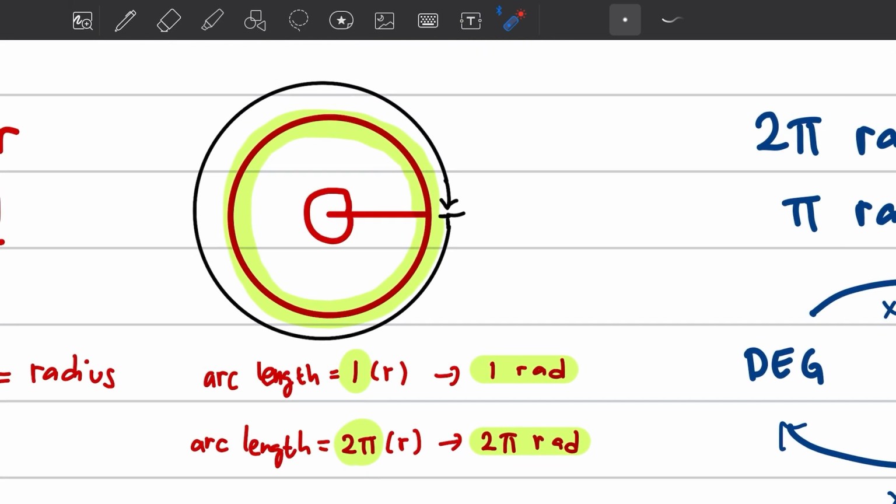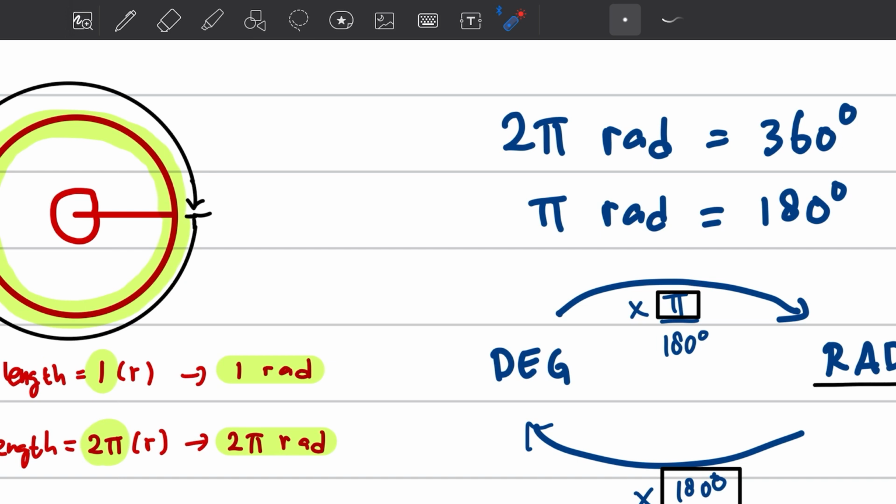So by knowing this fact, we can say that for one circle, it is 2 pi radian in angle. In degrees, it equals 360 degrees. So 2 pi radian equals 360 degrees, which is one circle.